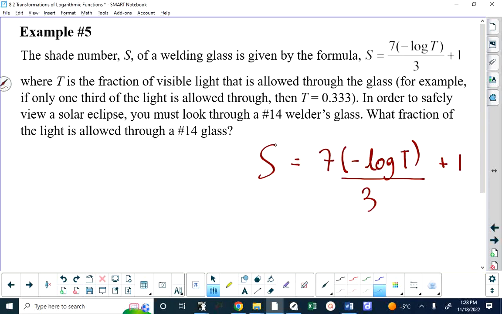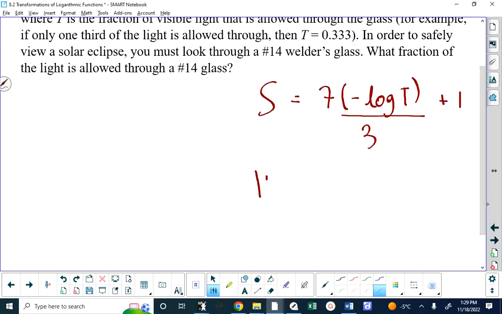And the question is, if you want to watch a solar eclipse, you'd need to look through a number 14 welder's glass unless you wanted the sun to drill holes in the back of your eyes. What fraction of light is allowed through that? So what this question is asking you is, what's the solution to this equation?